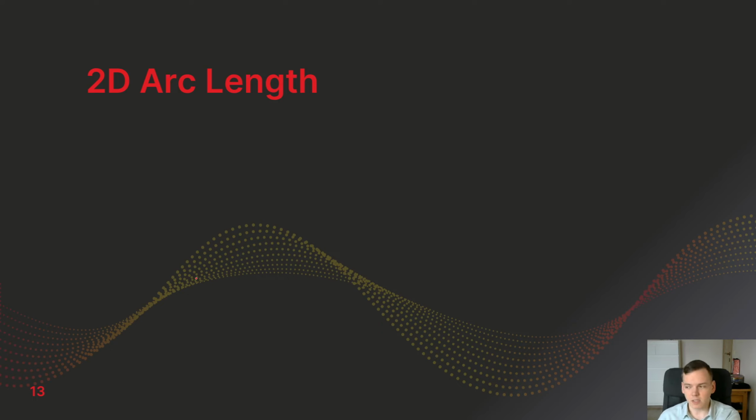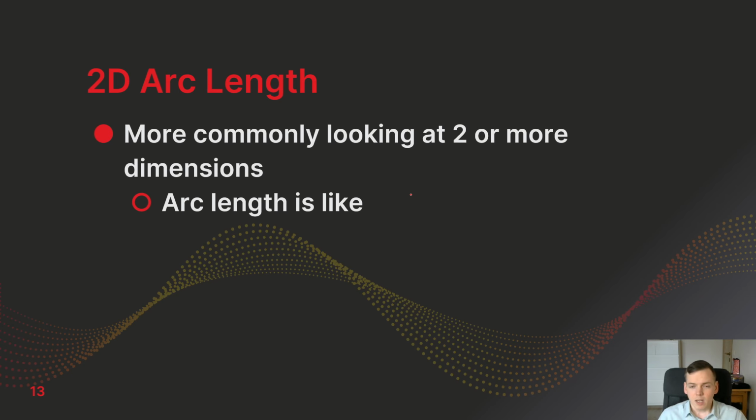Two-dimensional arc length is a little bit different, and this is where it gets a little bit involved. More commonly, we're going to be looking at 2 or more dimensions. So you're not just going to have a particle moving back and forth like this. You're going to have it moving through space and time, right? And so now this is a little more complicated, because how do you actually calculate the length of this curve?